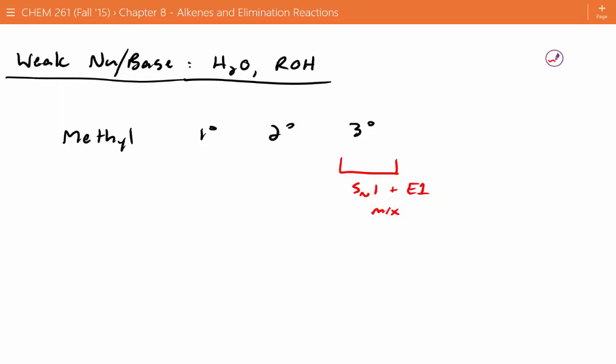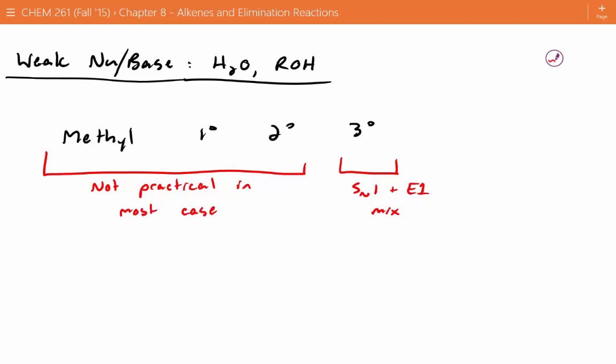You typically don't see them with secondary or primary. So not practical in most cases. But I'm going to put some asterisks there.